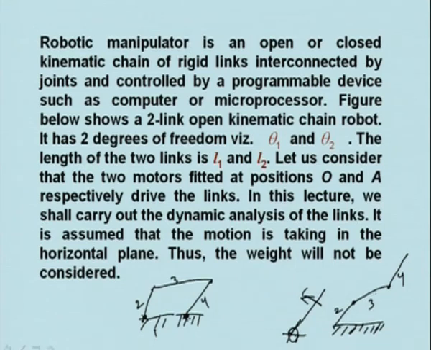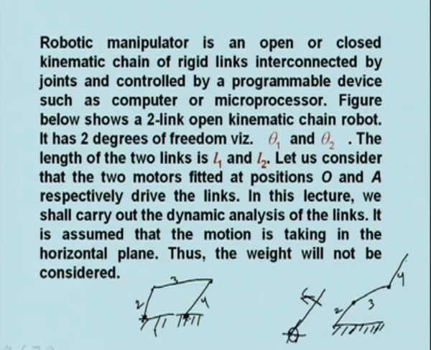This is link number 2, this is 3, this is 4, and they will have independent motion. I can put a motor here, here, and at link number 3. So this has 3 degrees of freedom, because 3 independent motions are possible. So this is an open kinematic chain.